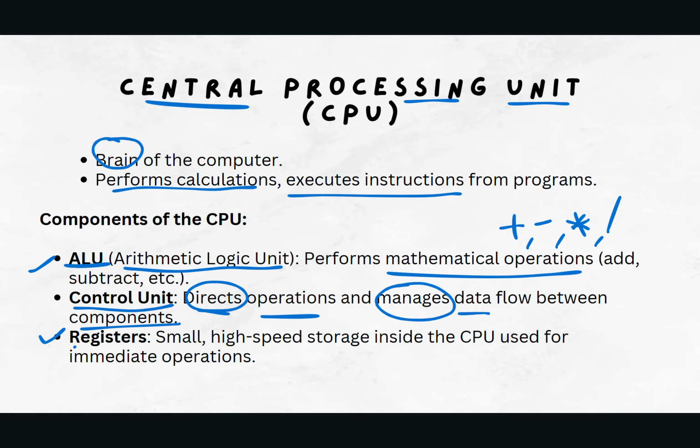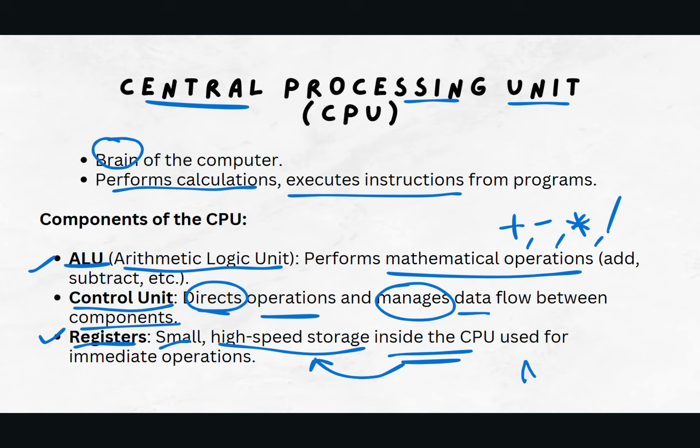And what are these things? Registers. These are very small high speed storages which are right inside the CPU. As they are inside the CPU, the proximity is more, right? They are closer to the CPU, which is why it is a high speed storage.